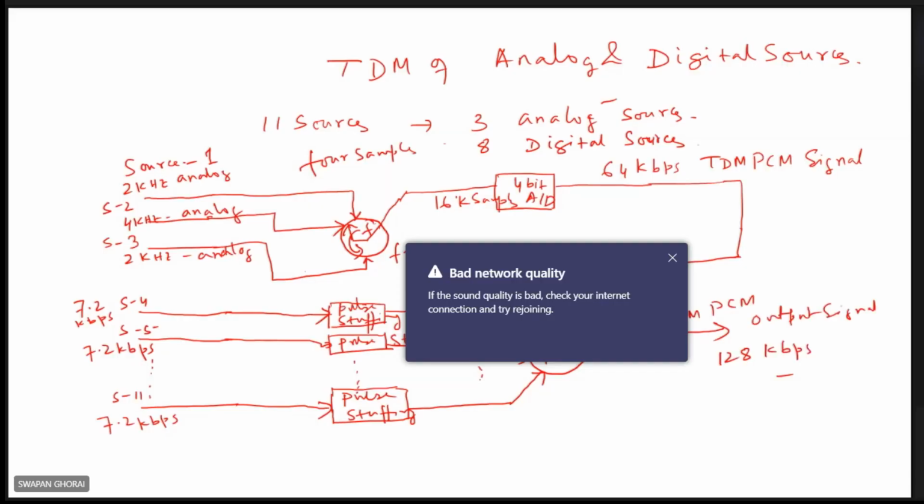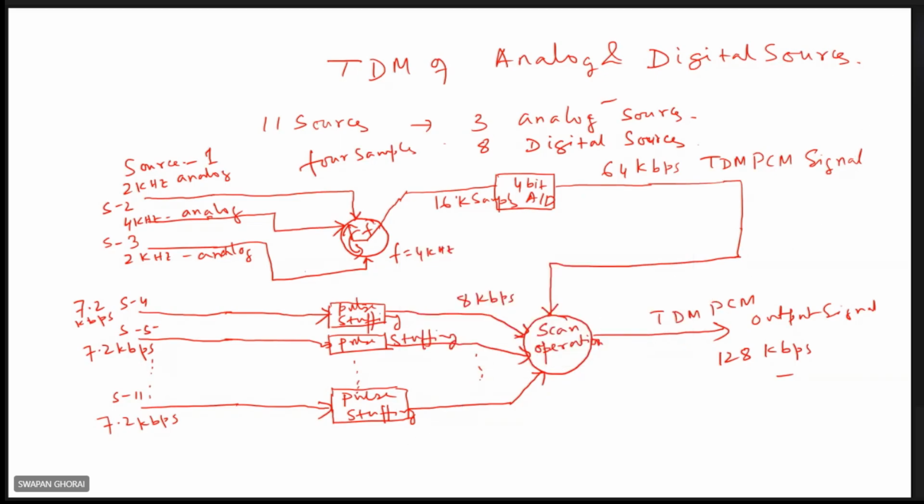So once again, it depends on the number of analog and digital sources. If analog sources are there, you have to convert them into digital signals through PCM.